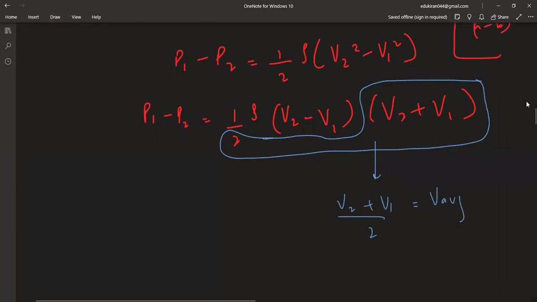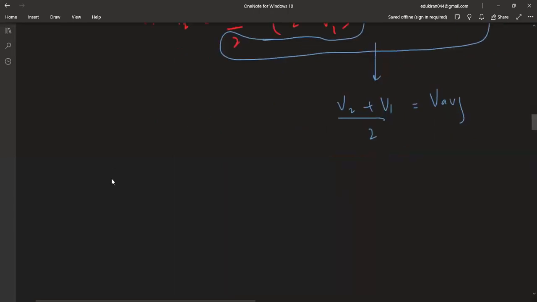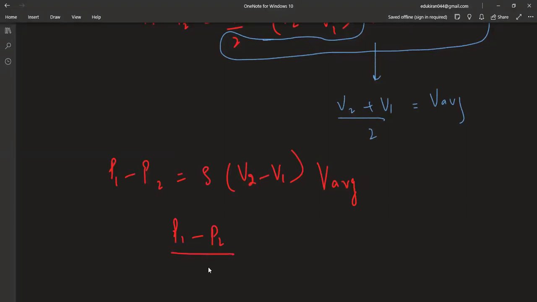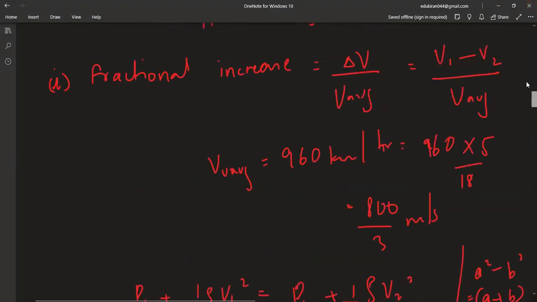So when you write it, P1 minus P2 is equal to rho into V2 minus V1, and what was left is V2 plus V1 divided by 2, which we'll just write as V average. So P1 minus P2 divided by rho is equal to V2 minus V1 into V average. This is how we have to calculate. Now you can just substitute in the values. You will get the final answer.